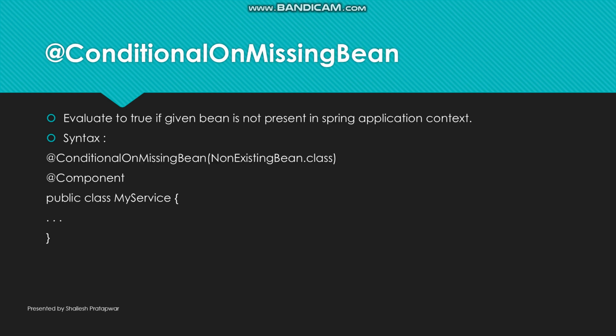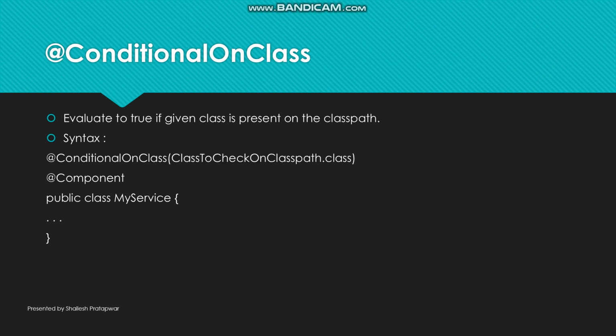ConditionalOnMissingBean. It is exactly opposite of the earlier one. It will evaluate to true if the given bean is not present in the Spring application context. ConditionalOnClass. This annotation evaluates to true if the given class is present on the class path.